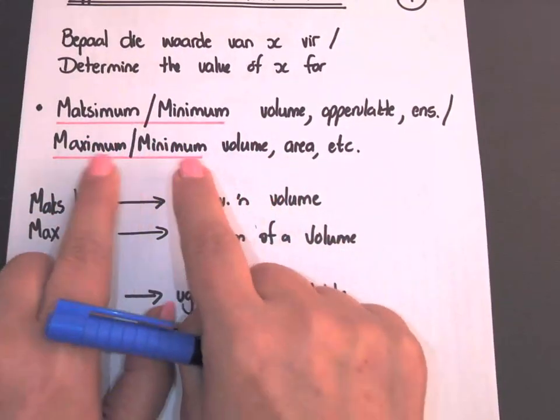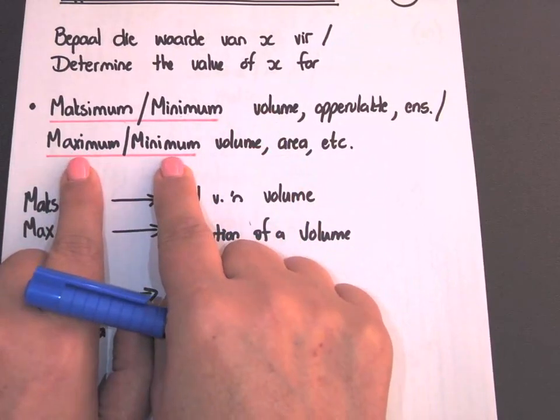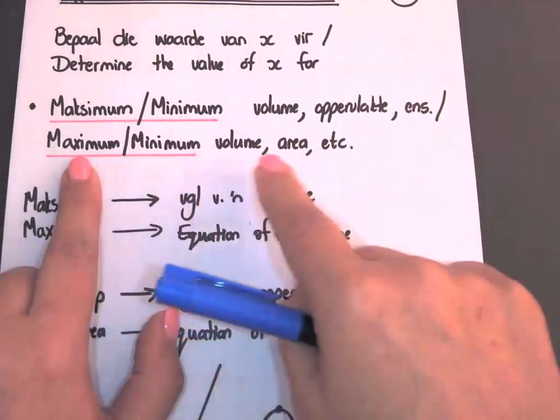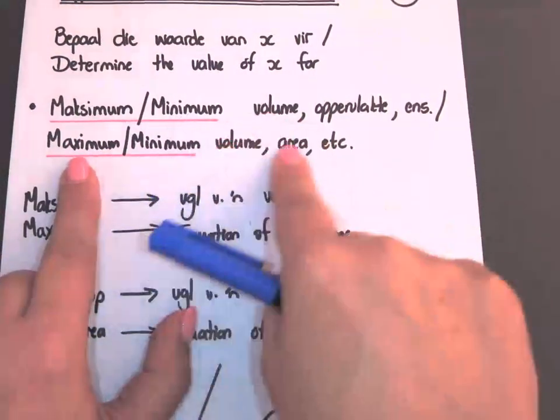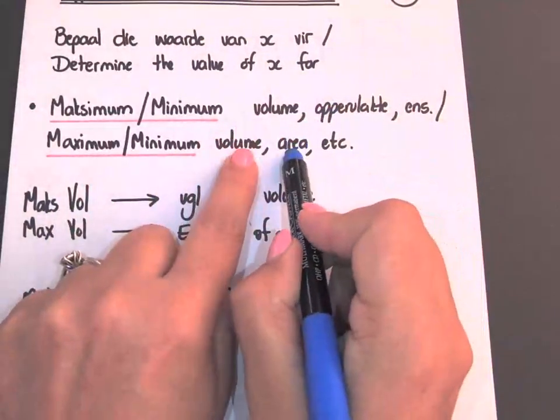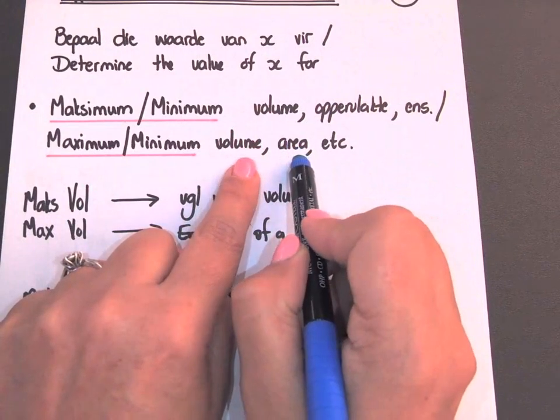Is it max or minimum volume? Or is it max or minimum height? Or is it max or minimum area? And then when you've got that word, you must know that this one is the formula that you have to get the first derivative of.